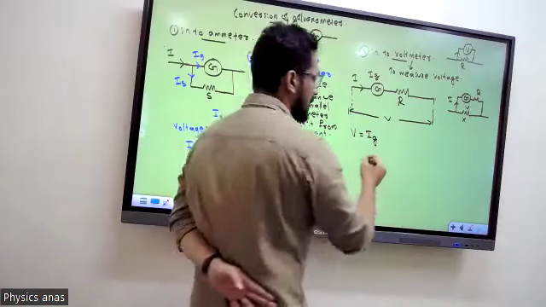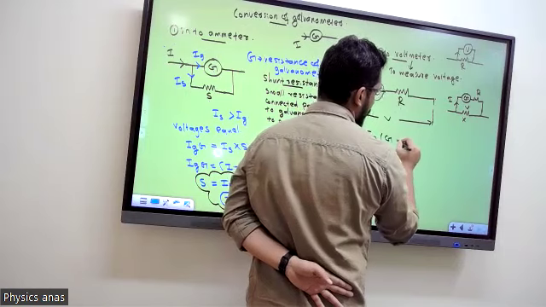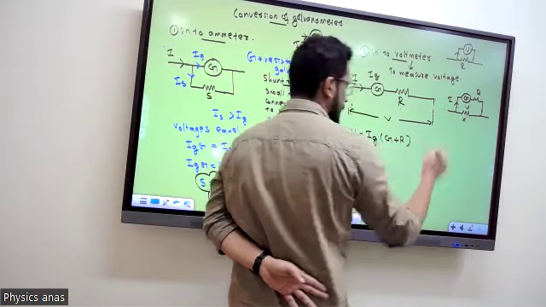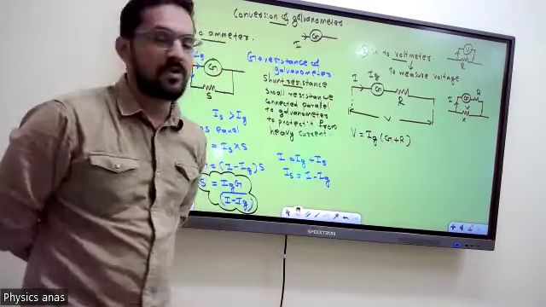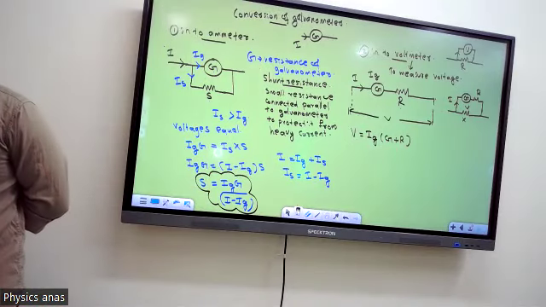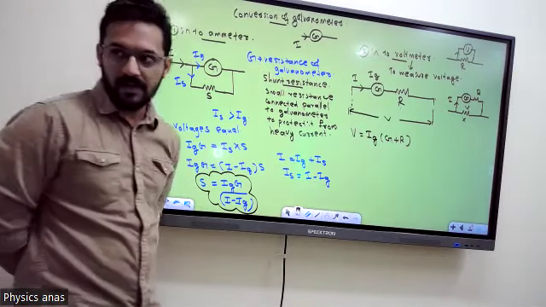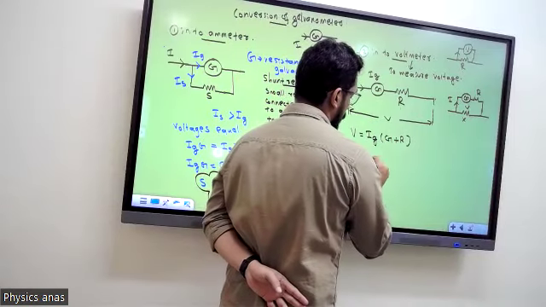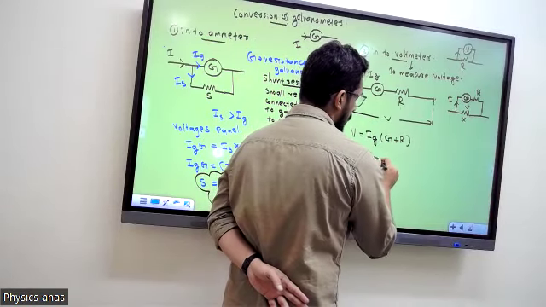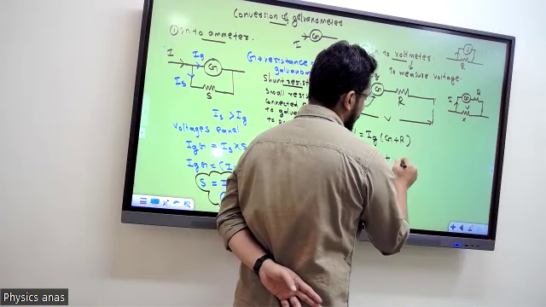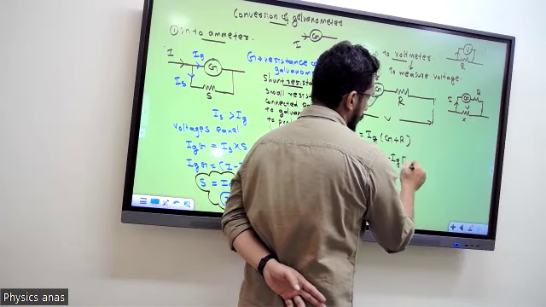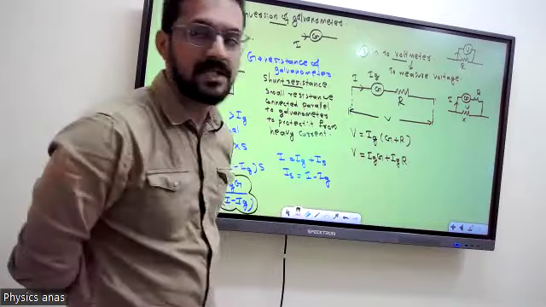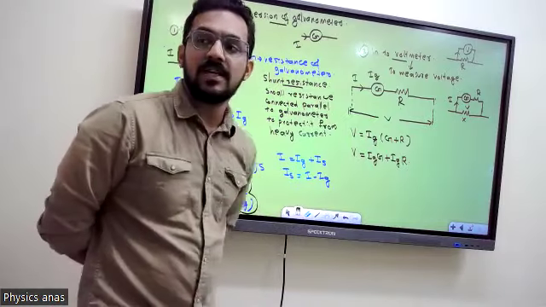So you have to add them, G plus R. V is equal to Ig into (G plus R). Then V is equal to what? Ig into G plus Ig into R.